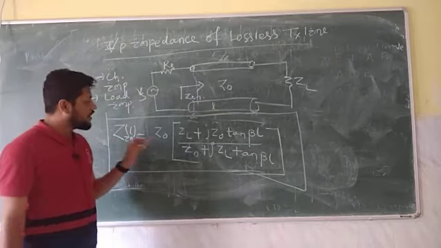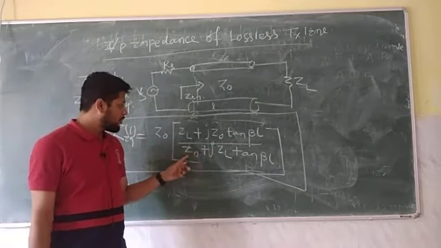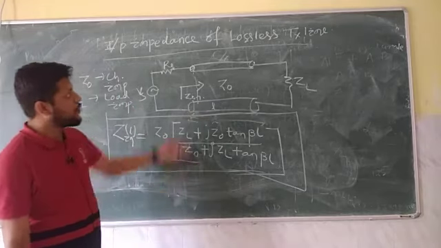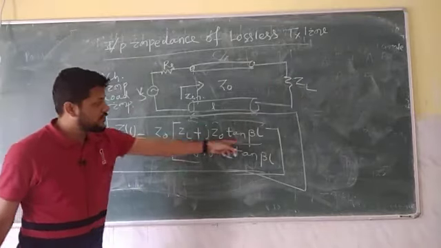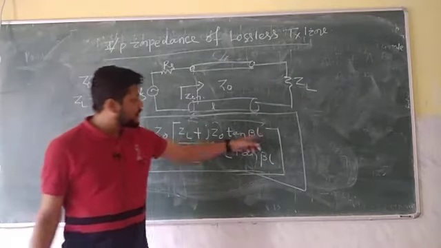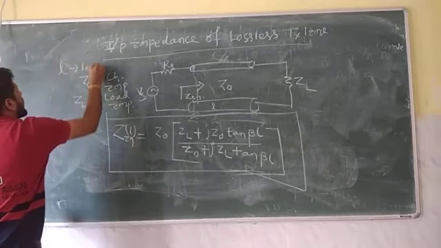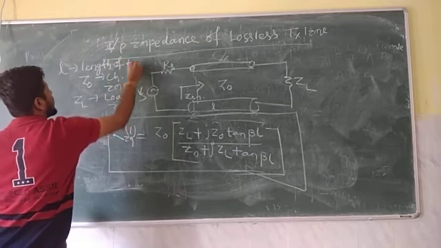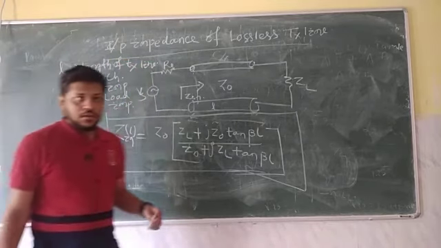So Zin is equal to Z0 times ZL plus J Z0 tan beta L divided by Z0 plus J ZL tan beta L. This formula is valid only for a lossless transmission line, where beta is the phase constant and L is the length of the transmission line. So this is the input impedance you need to find.